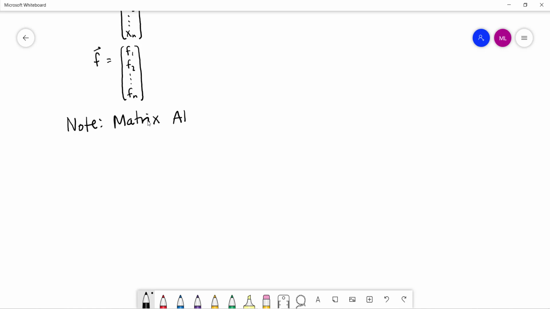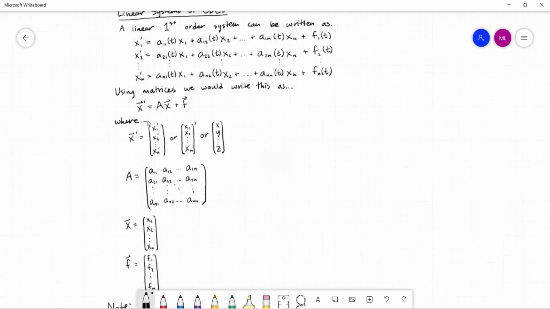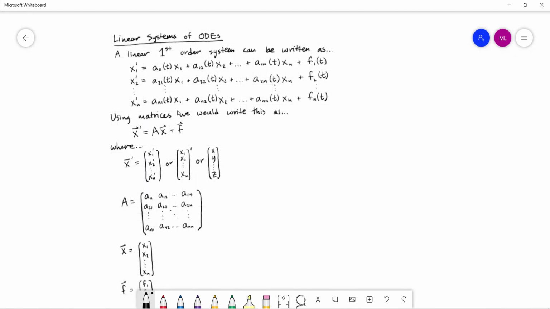How does this work? If you haven't seen this, what's going on here? How can I write this big ugly set of equations compactly in this form under these assumptions? How does this A times this x vector, for example, even work? What does that mean?